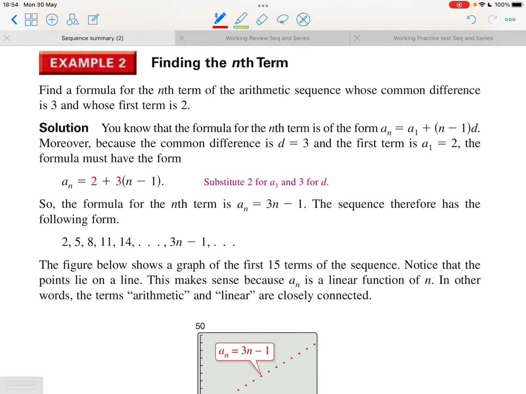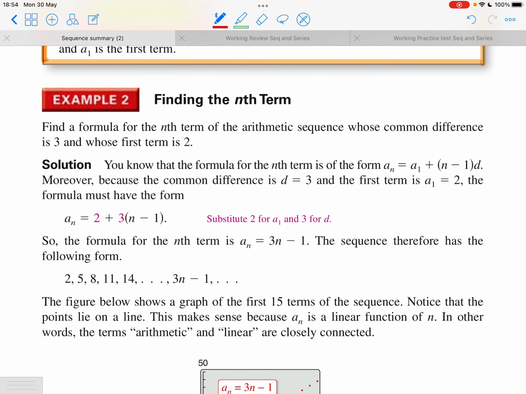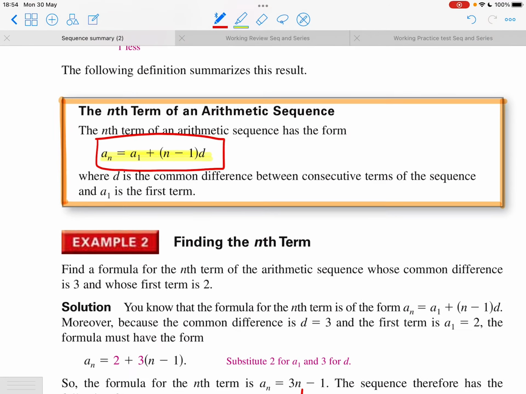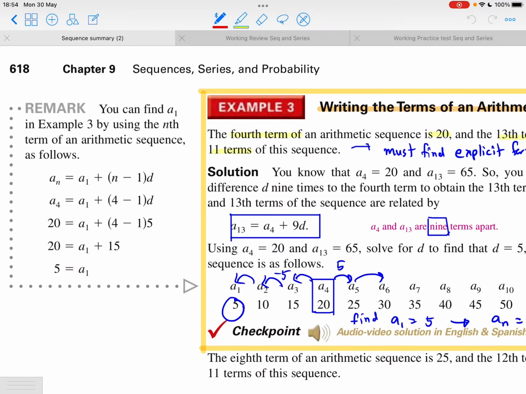So if we are asked to find the formula, this one would be a_1, and then you find the gap between the two, which is d, and then a_n equals a_1 plus (n minus 1) times d. That's the arithmetic sequence.